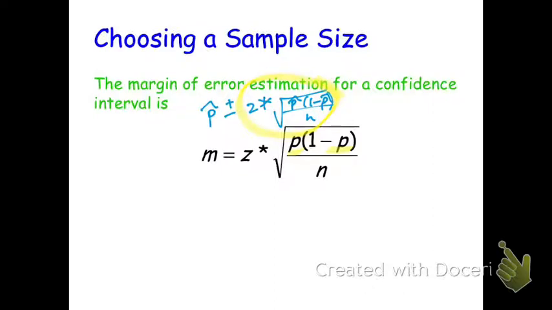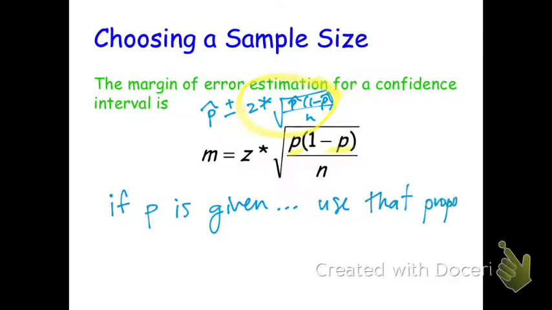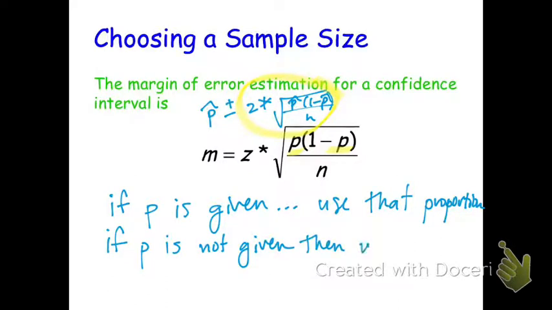They could either give you a proportion or you use 0.5. So if P is given, then use that proportion. If P is not given, then use P equals 0.5.